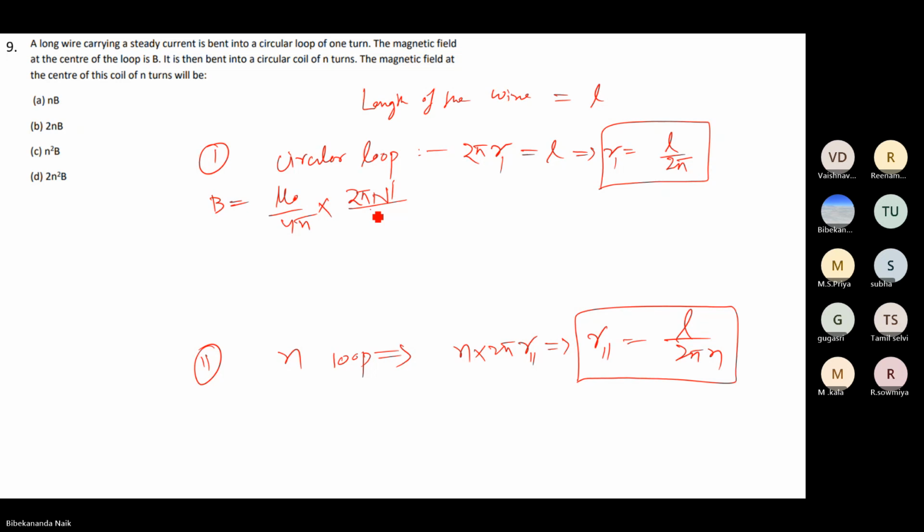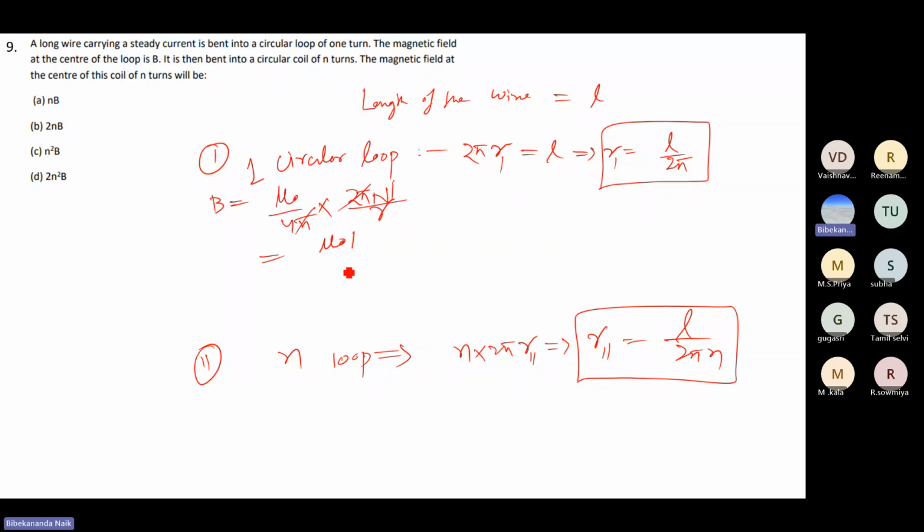So in the first case, R is L by 2 pi. This 2 pi gets cancelled out. So it will be mu 0, and N is 1 because it is only a single circular loop.